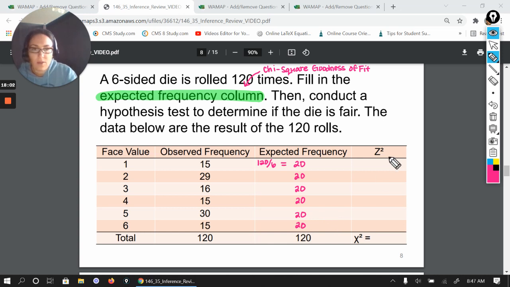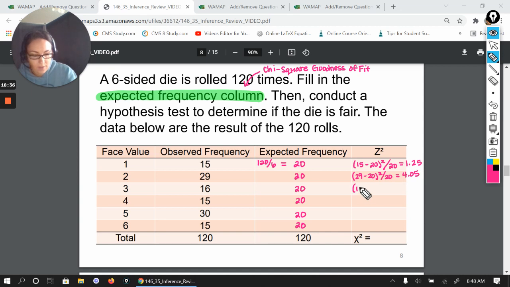Now to calculate the chi-squared value, I take the observed minus the expected, squared, divided by the expected. So for this first value I get 1.25. The next one, 29 minus 20 squared divided by 20, equals 4.05.